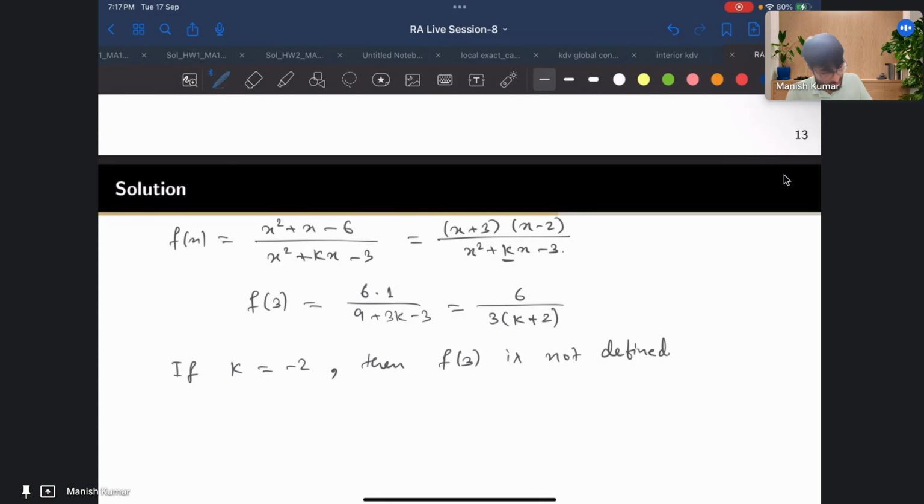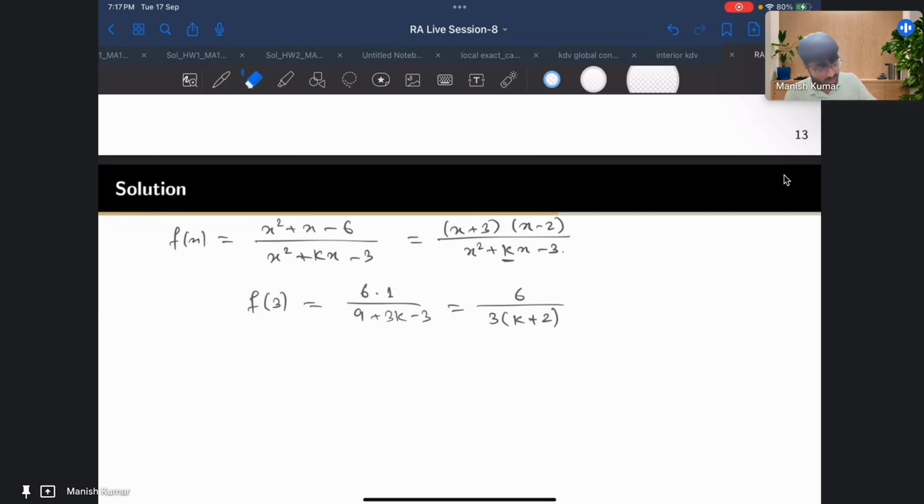And you can look at this also. So let me put here 2. Let me write it this way. From here you are getting that if I take k equal to minus 2, then it will be a problem. So case 1, just take k equal to minus 2.